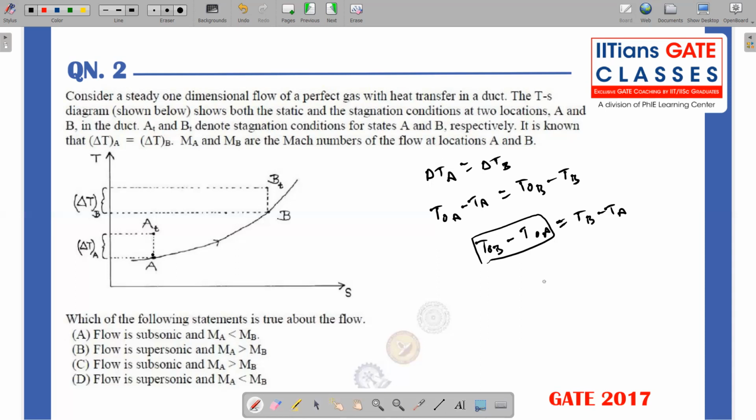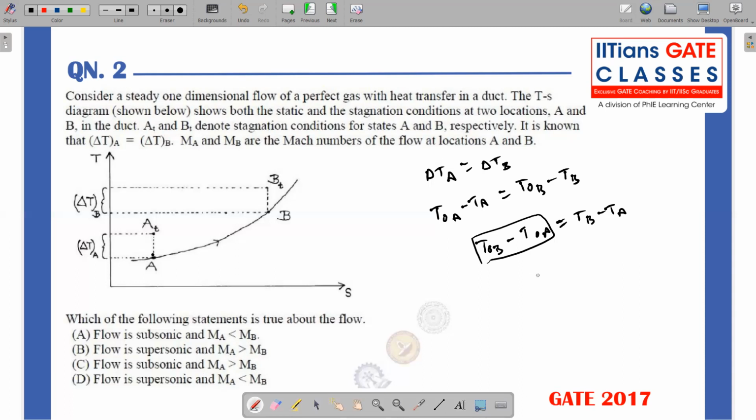To address this one, somehow we have to bring in the Mach number. By looking at the graph, you can make an educated guess, but it's not a good way to do that.